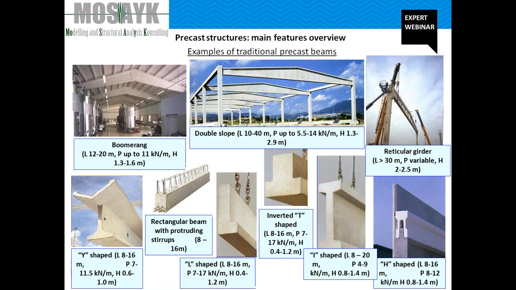Let us investigate the most common element typologies, starting with the beams. Here we focus on the boomerang type of beam and the double slope beam, and if we seismically focus on them, we can understand one important main vulnerability of this kind of beam that later we'd like to model.